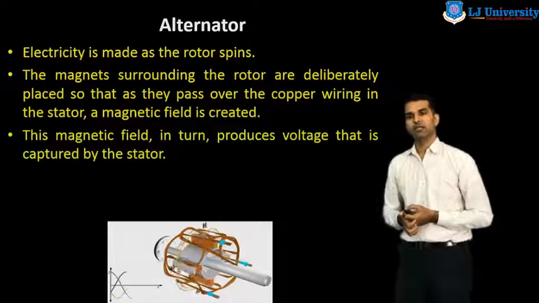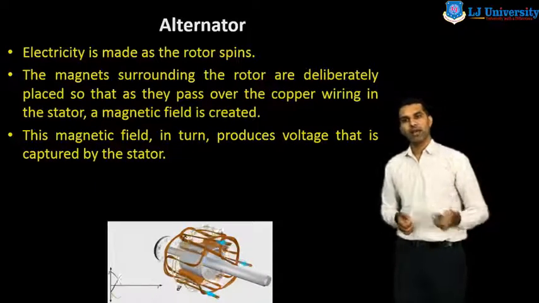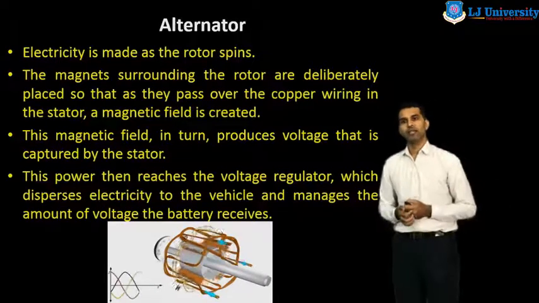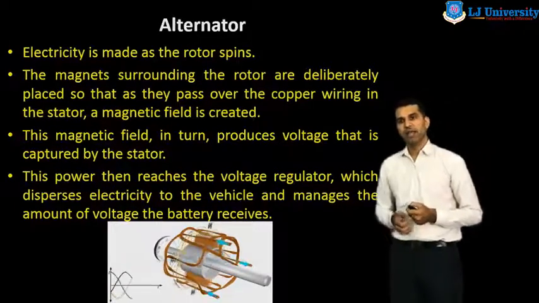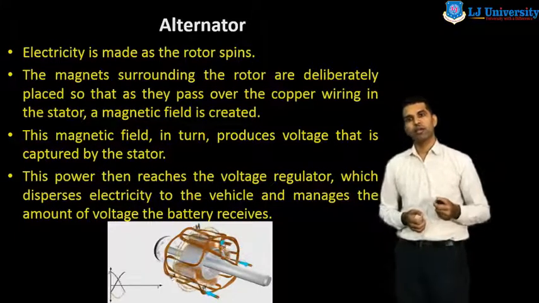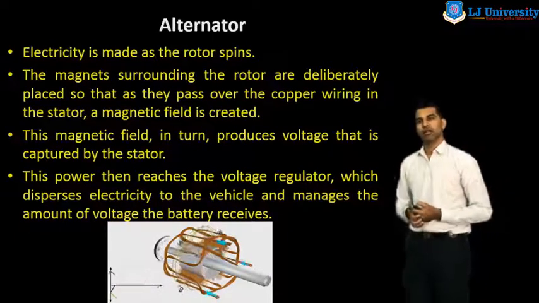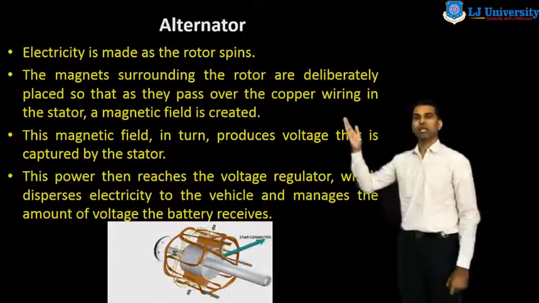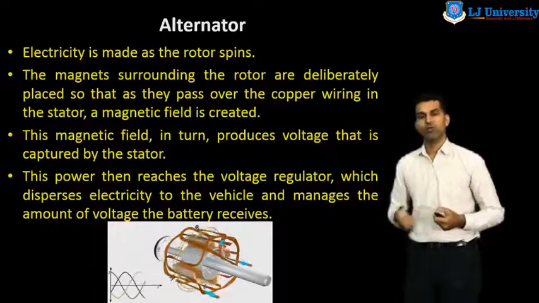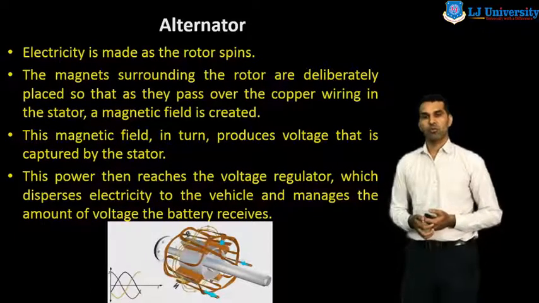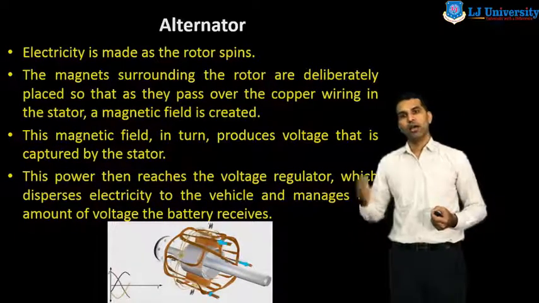This magnetic field produces voltage that is captured, and this power then reaches the voltage regulator, which delivers electricity to the vehicle and manages the amount of voltage the battery receives. So this is the working of the alternator, or how the alternator produces electricity. Mainly, the mechanical motion of the crankshaft is used to produce the electricity.